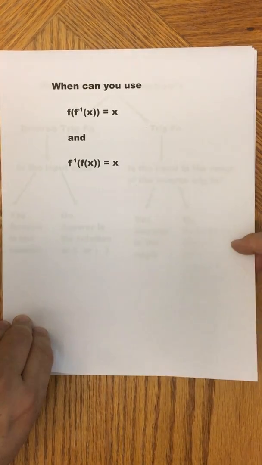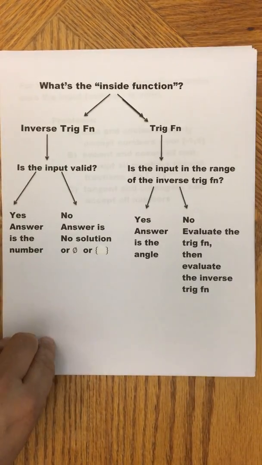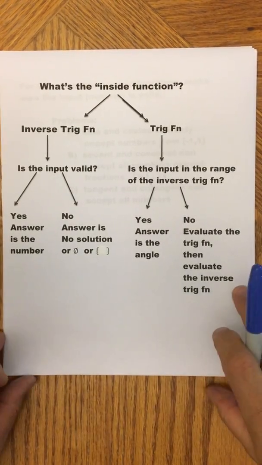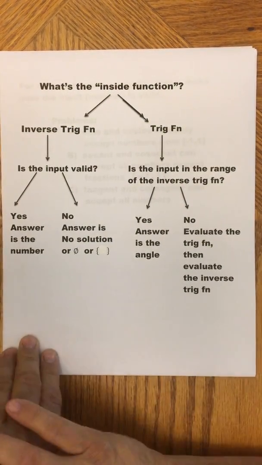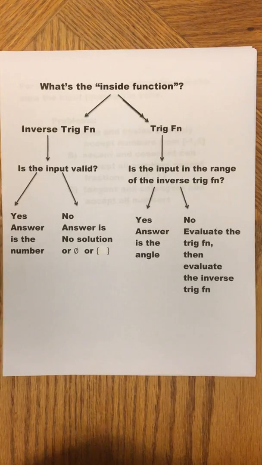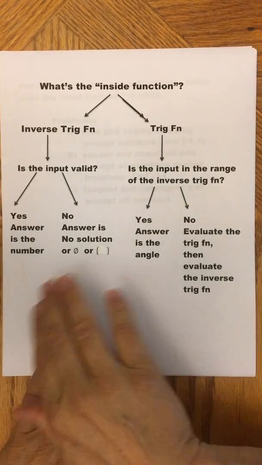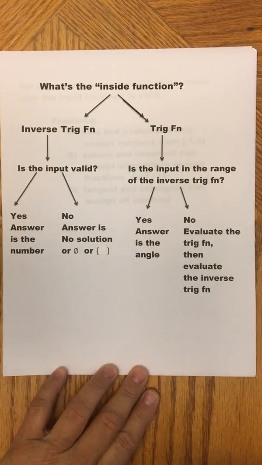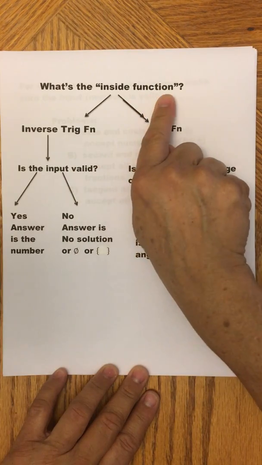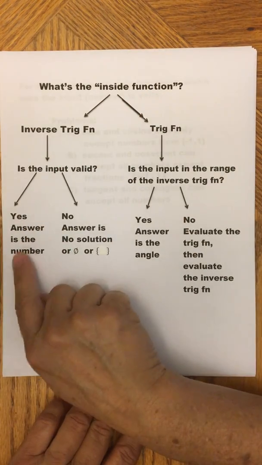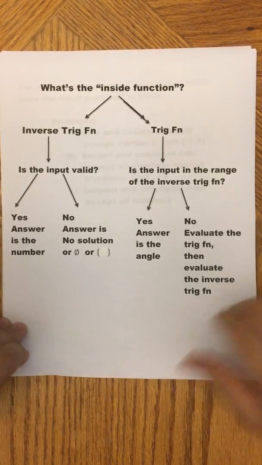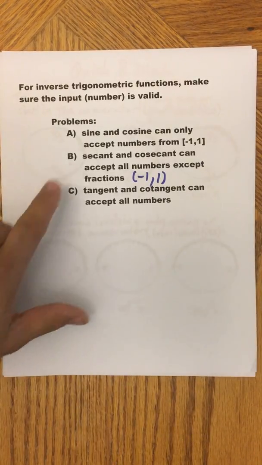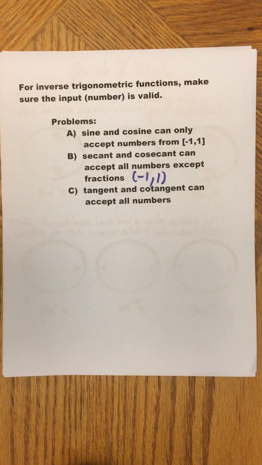Now, with trigonometric inverses, you have to watch out because there are some trouble spots. When you look at the composition of these, it does matter what order you have them in. If the inverse trig function is on the inside, the first question is, is it a valid input? Sine and cosine can only accept numbers from -1 to 1 included.